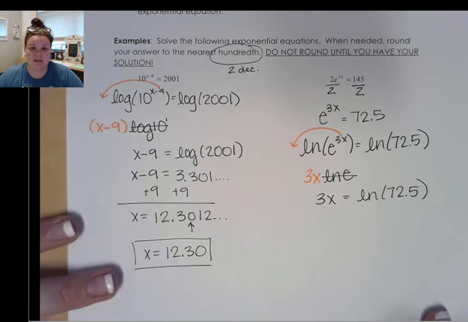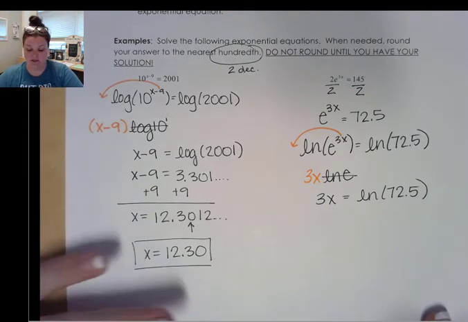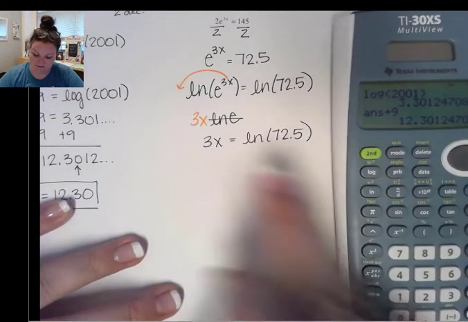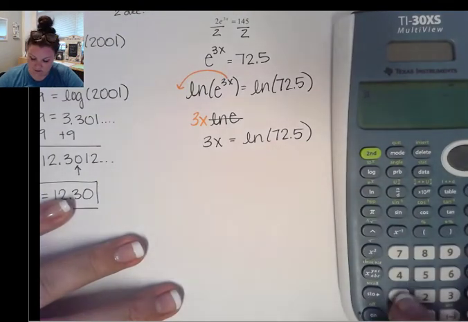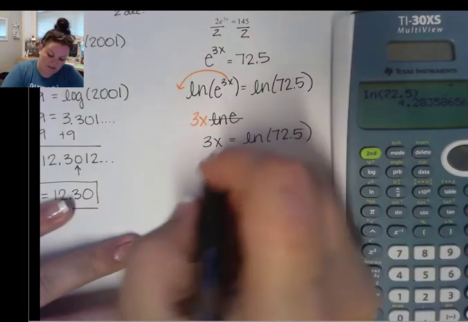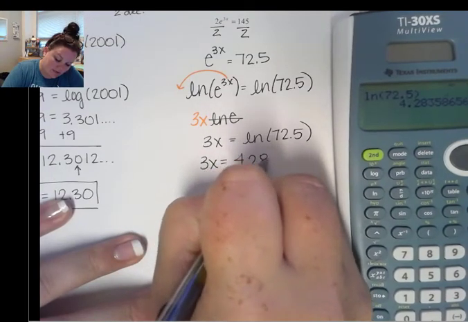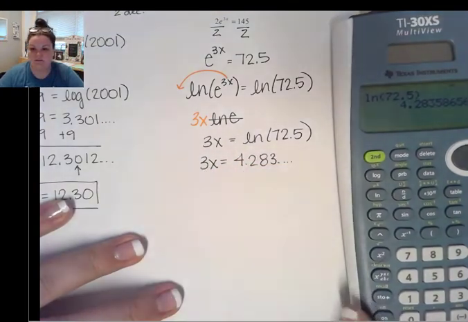And now this is something I should be able to do on my calculator, right? So again, I would do ln of 72.5 first, which gives me 3x is equal to 4.283 and some more stuff, right?